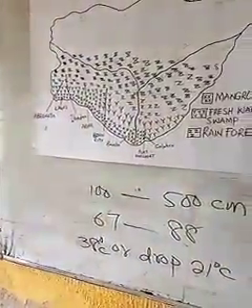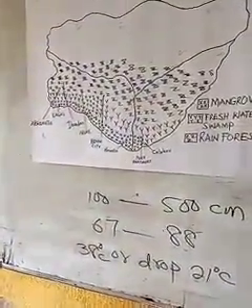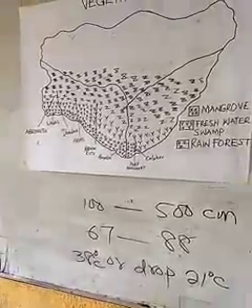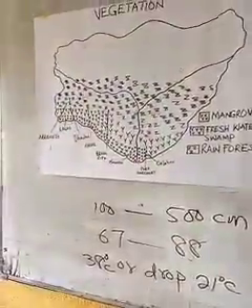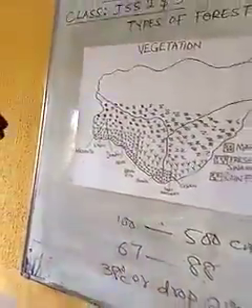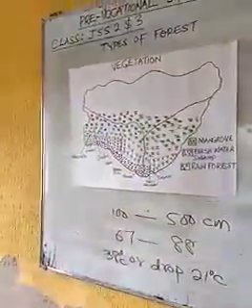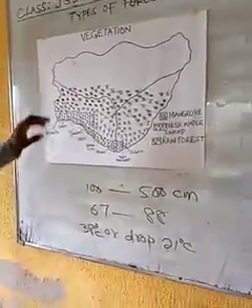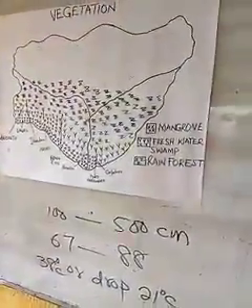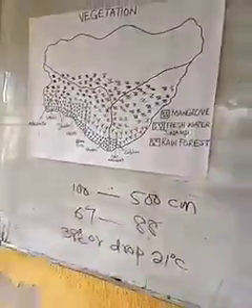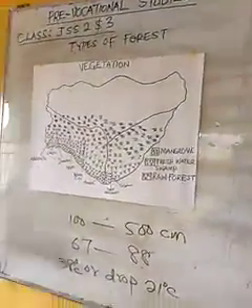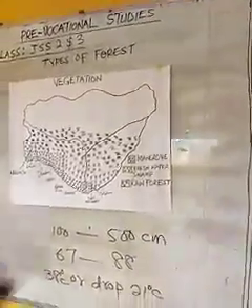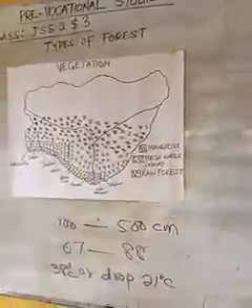Then let's quickly look at the derived forest, or what we refer to as savanna. The derived forest is gotten as a result of human activities, like deforestation, that is cutting down of trees, and burning forests.